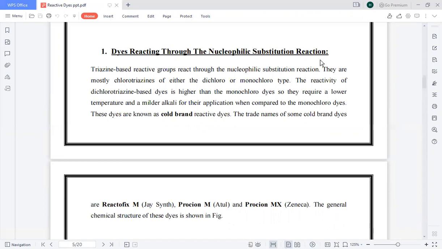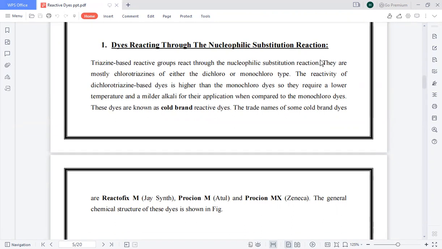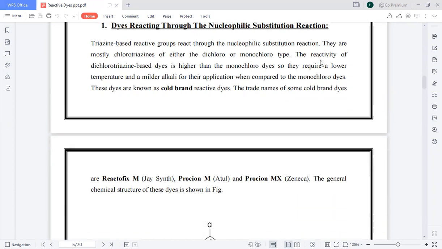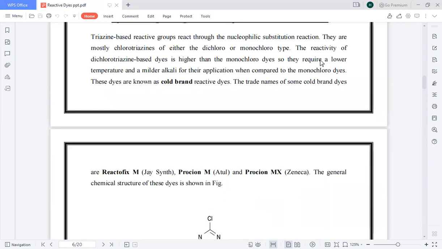The reactivity of dichlorotriazine-based dyes is higher than the monochloro dyes because they contain two chlorine atoms that have greater electronegativity effect and produce strong electrophilic sites that have greater reactivity. So they require less temperature and mild alkali treatment for their application compared to the monochloro dyes. They are also known as cold brand reactive dyes.